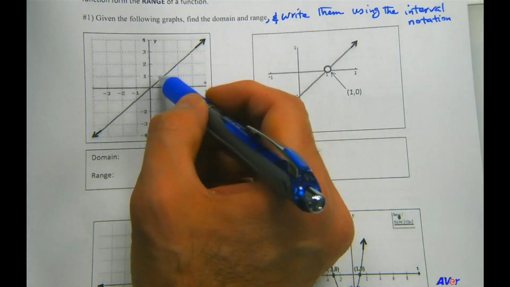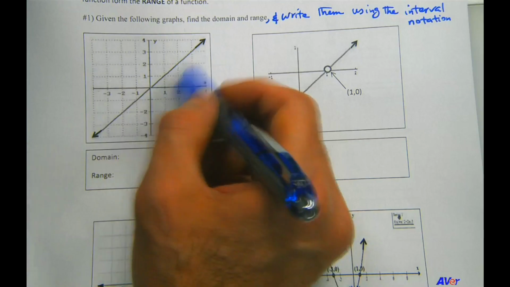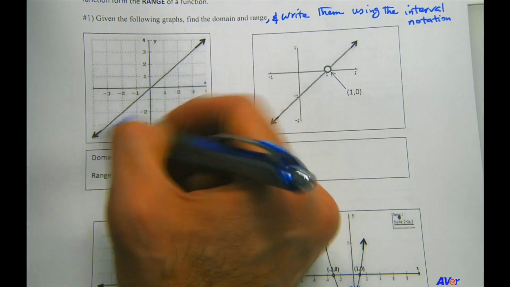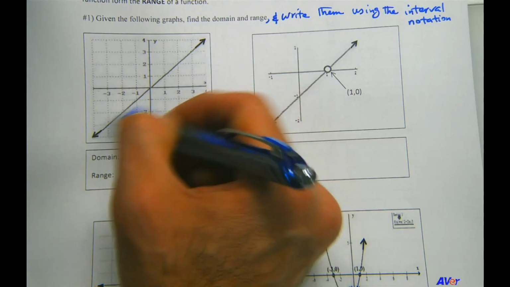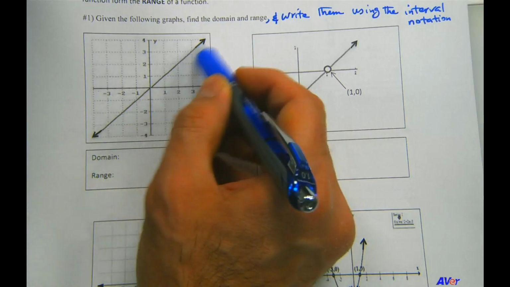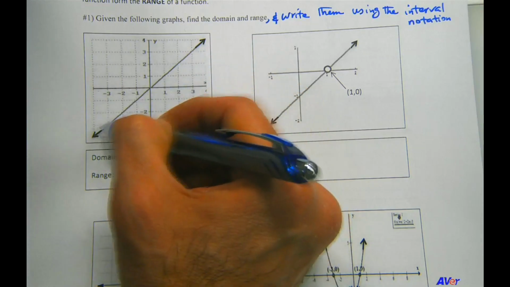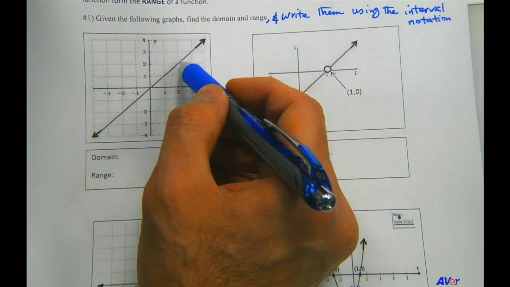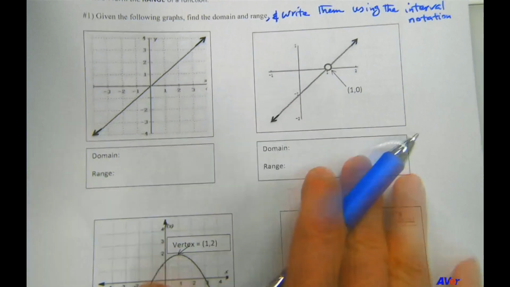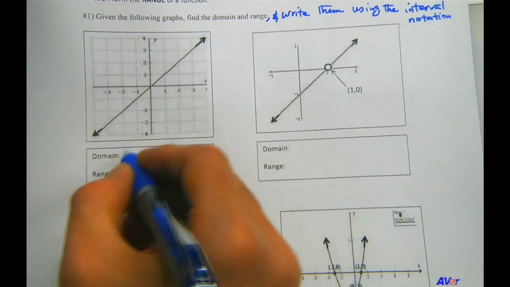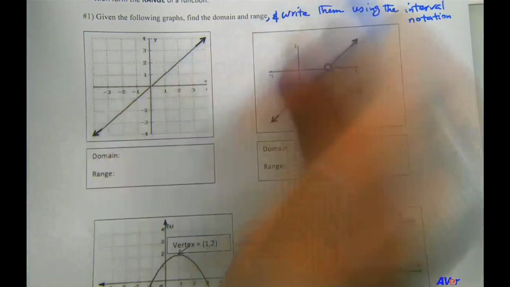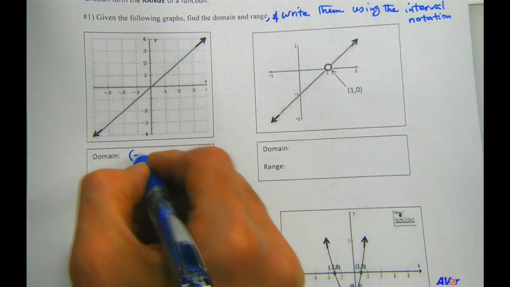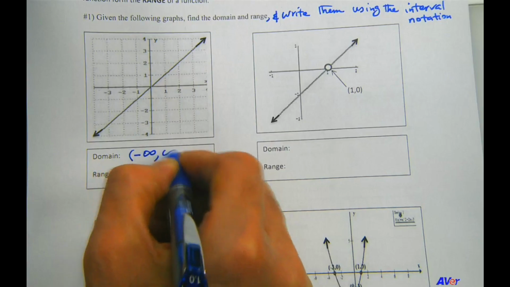Ignore the y-axis for now. With respect to the x-axis, do you see any restrictions along this graph? Is there any value that the graph is not taking? There is no such value, right? Therefore, the domain of this function, whatever function generated this graph, is negative infinity to infinity.